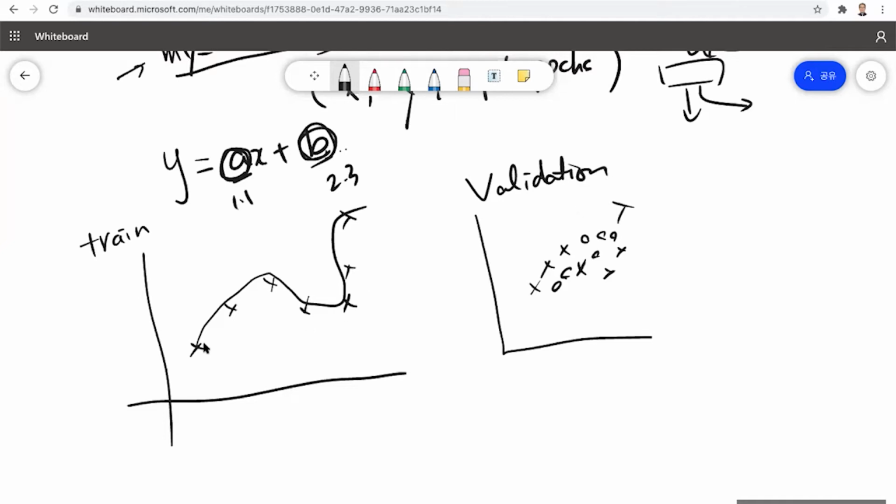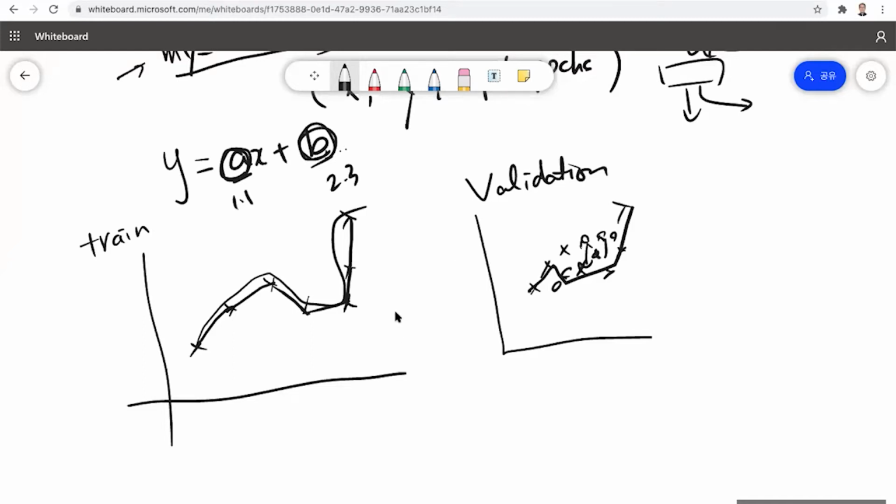Since you are using your train data set to minimize the loss, the training step will eventually try to find the exact shape of your trained data set. But if you apply this trained model to the actual validation set, then you will get a lot of loss. So that's the meaning of overfitting.